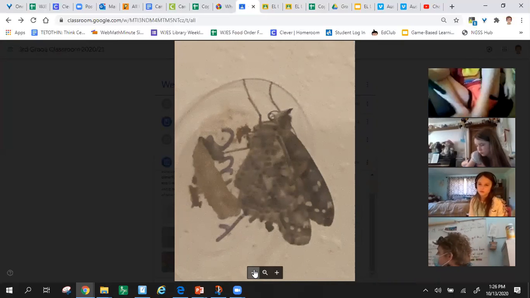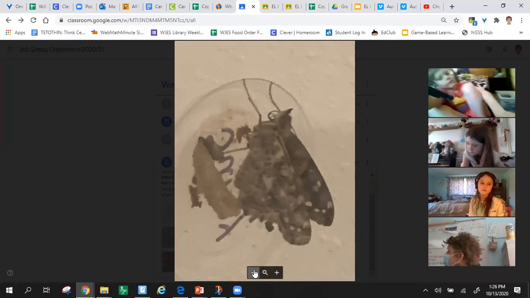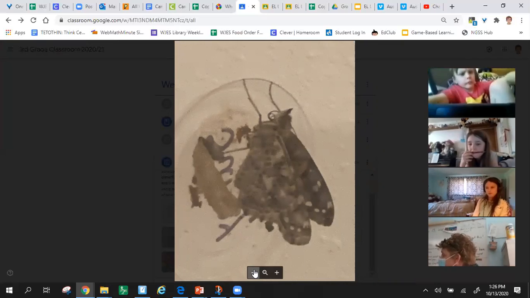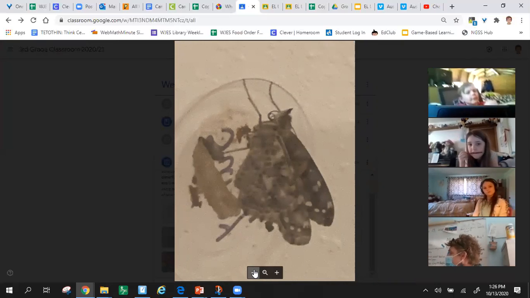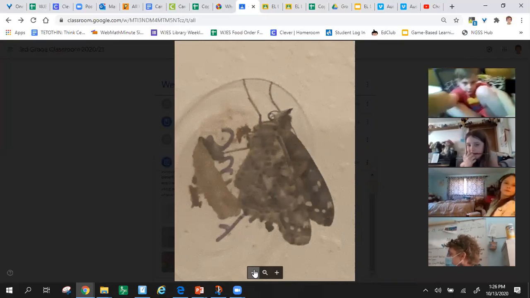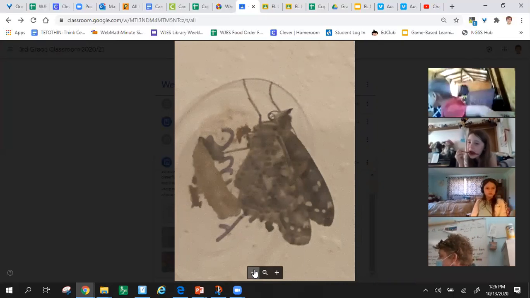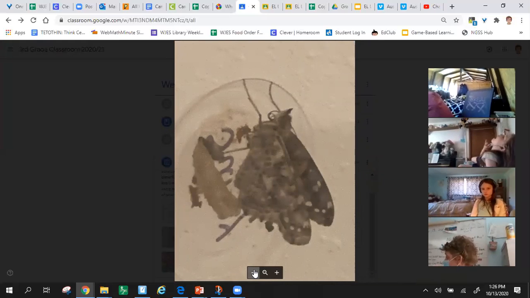Mrs. Harrison asked, why would a butterfly have bright colors on the top of their wings, but on the bottom it's dull or not as colorful? And Haley said that when it's flying, you can see it, but when it's resting, it can be camouflaged in the bushes or on a tree so that it hides from predators.